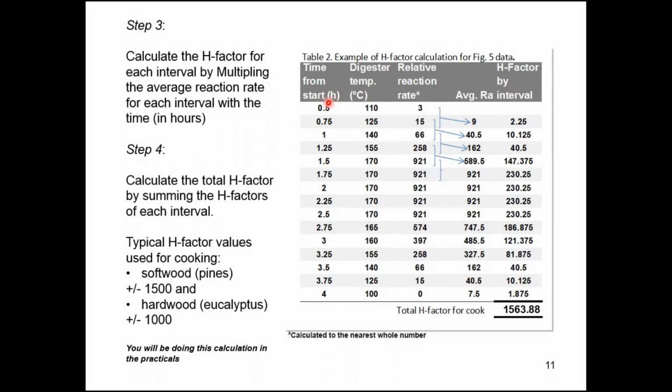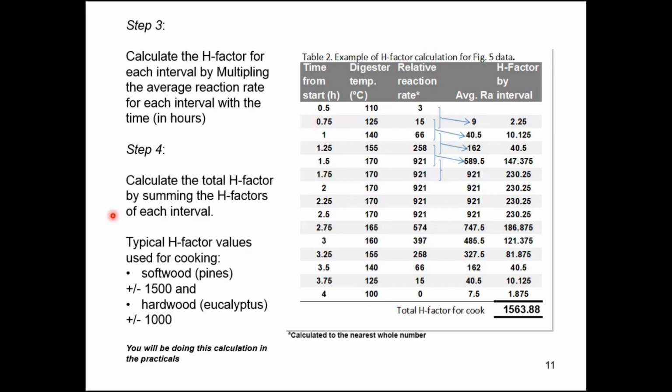I'm going to give you time intervals and temperatures, and you have to convert it, calculate average for each interval. Remember, we work the time in hours. Your example will give you time in minutes, so you will have to convert to time intervals in hours.